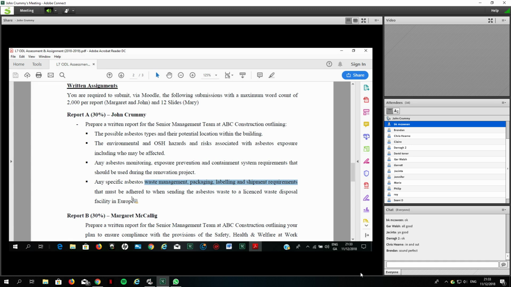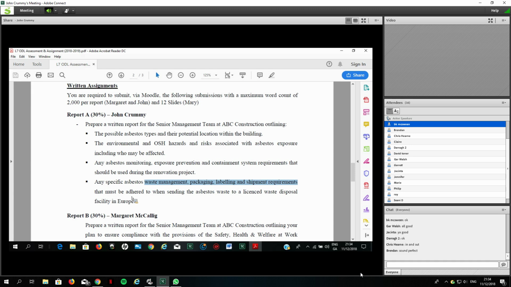Okay, so the specific waste management requirements for the packaging would mean you have to have UN approved packaging, which, for example, if it was going into FIBCs, would need to be UN approved FIBC containers, flexible intermediate. And again, you'd have all the double bagging of everything associated with handling asbestos as well.